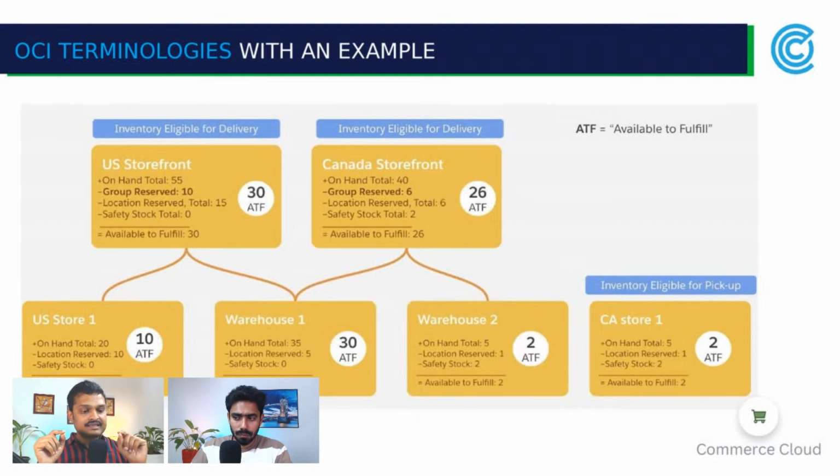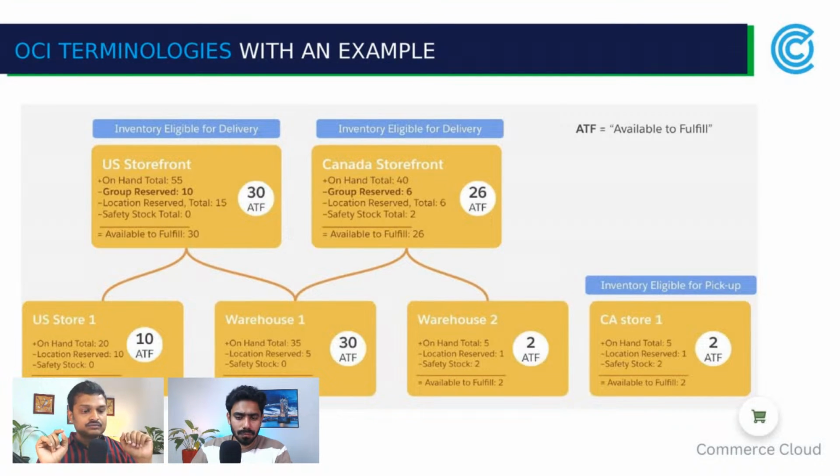And group reserved is 10. So there are some reservations placed under the group, but the location group will not be able to fulfill those reservations, right? They cannot ship the items. Eventually, those 10 reserved will be transferred to the individual locations under that location group.